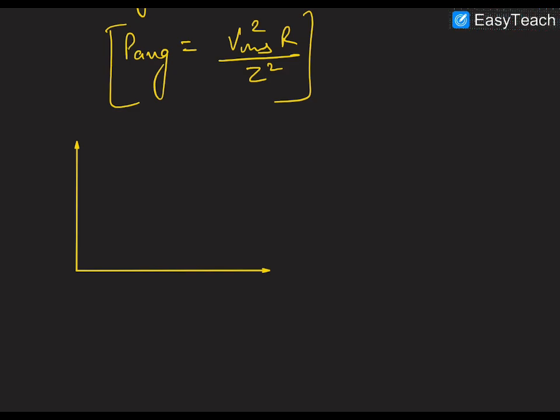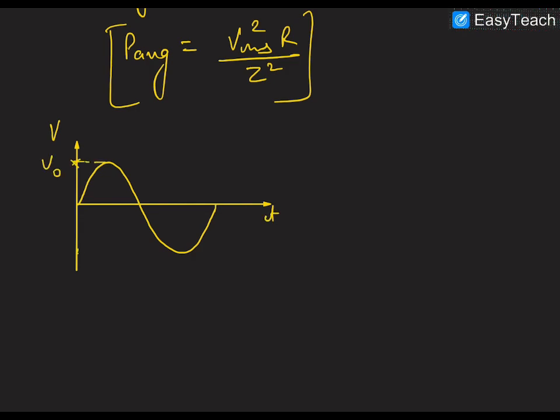I'll be showing you that if we draw the voltage first of all, then voltage will be sinusoidal like this, which we have already discussed. This is V naught, and this will be minus V naught. And if we draw the current, first of all, let us see that current has a phase phi which is ahead of the voltage.